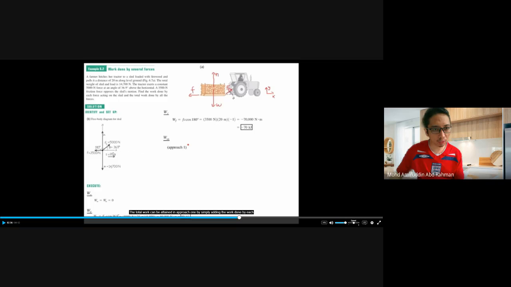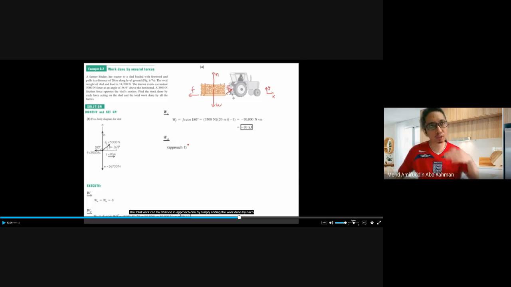Then we need to subtract the work from the friction. The work from the tractor is F_t s cos 36.9, and we obtain that as 80 kilojoules. Then W_f equals F s cos 180. Why 180?